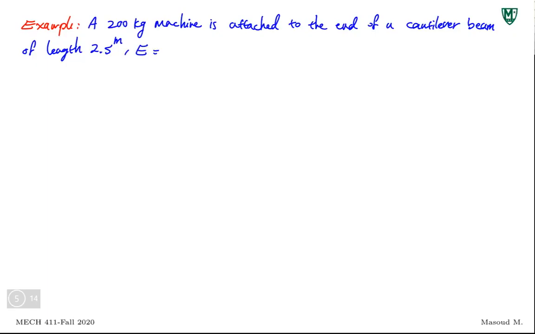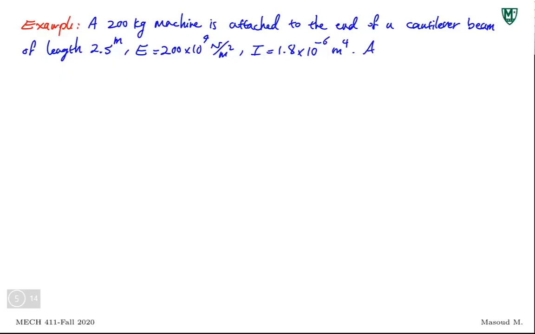E, the modulus of elasticity, is 200 times 10^9 Newtons per meter squared, and I, the area moment of inertia, is given directly as 1.8 times 10^-6 m^4. If you remember that from before.